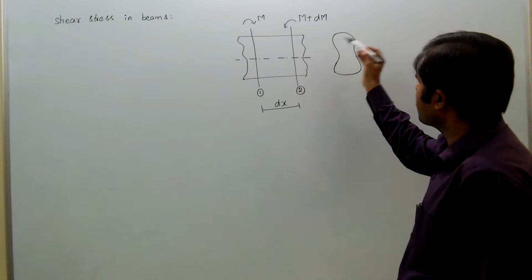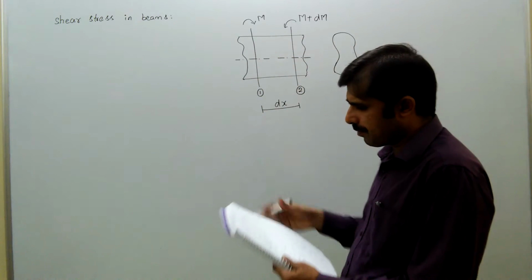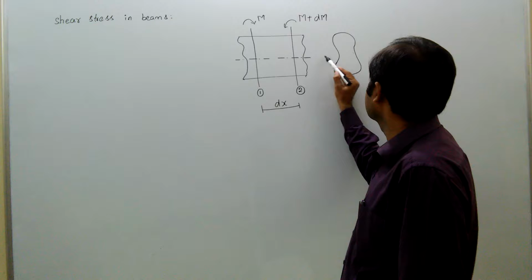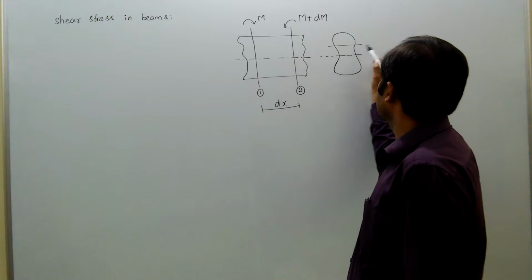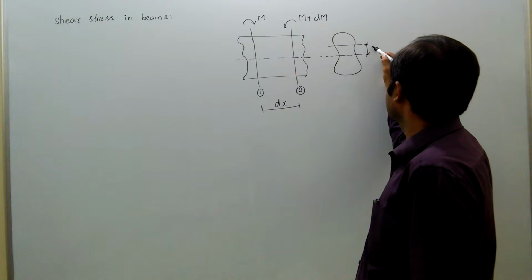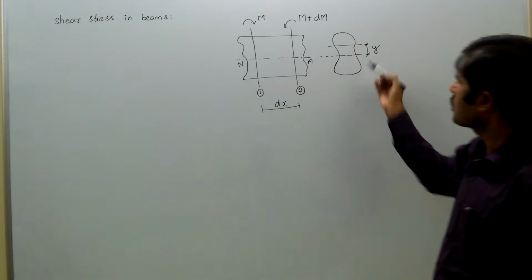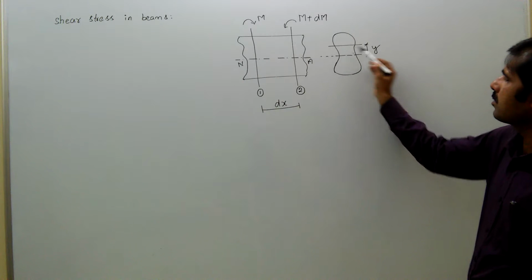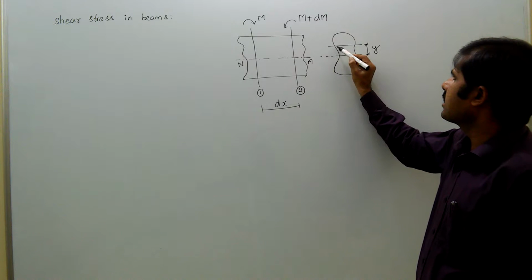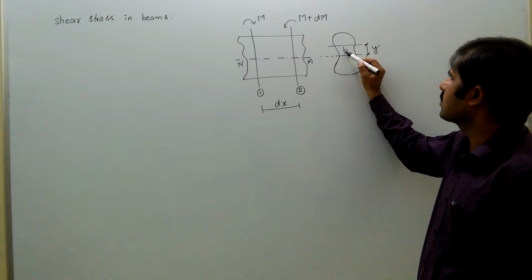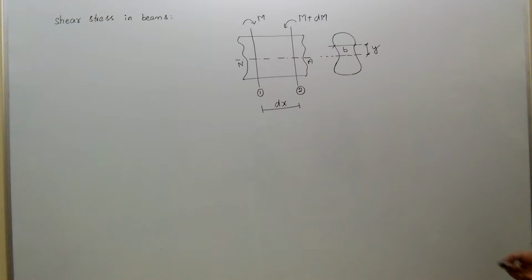Now, let us consider a section somewhere here at a distance of y from the neutral axis. At a distance of y from the neutral axis, we need to find what the shear stress will be. At this location, the width of the section is b. At y distance from the neutral axis, the width of the section is b.